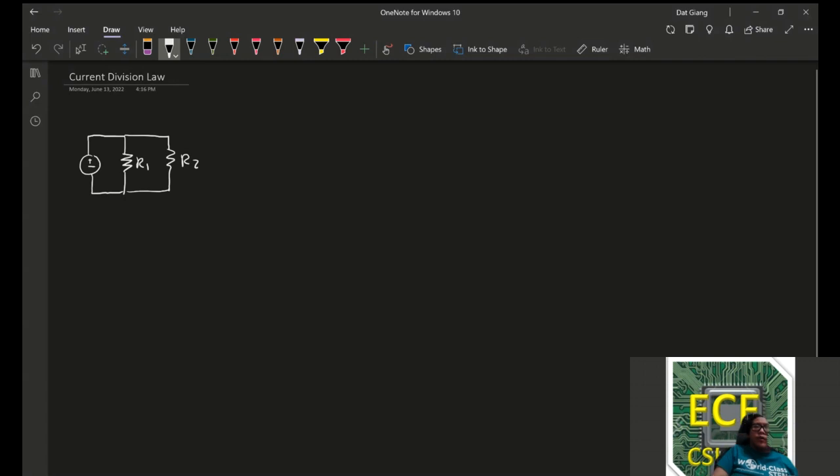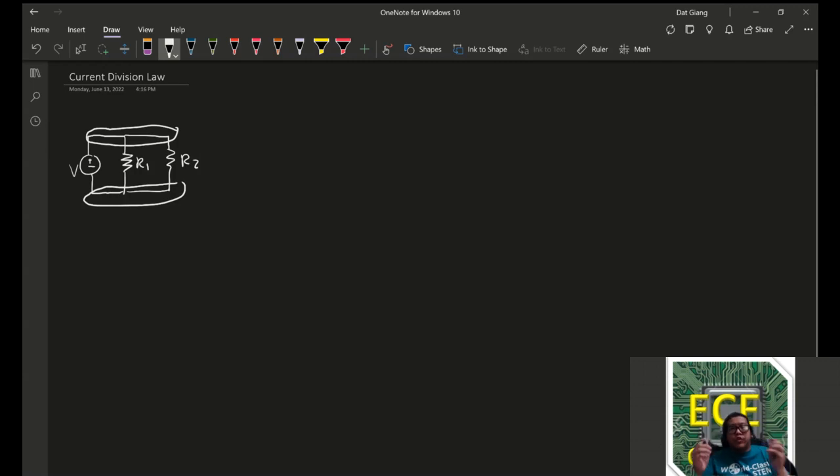The idea of parallel is we can find two common nodes that all of the elements connect to. So in this case, these two nodes are the common nodes for all the elements. Therefore, these two resistors in this case are considered to be in parallel.